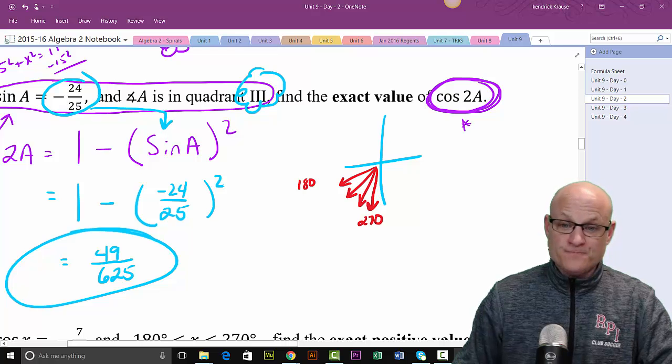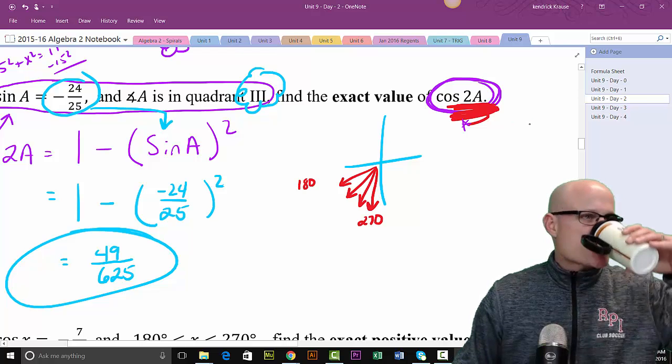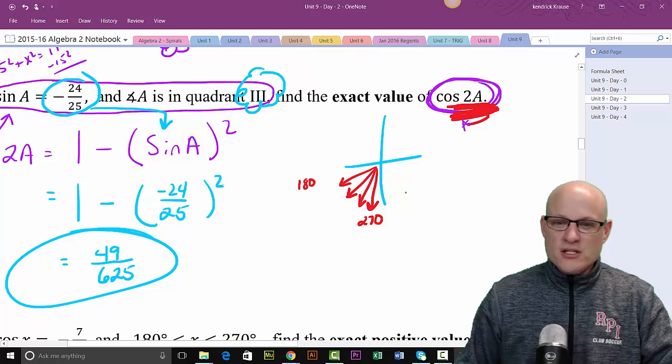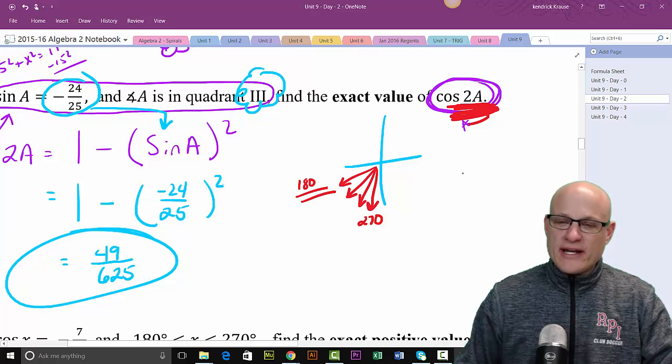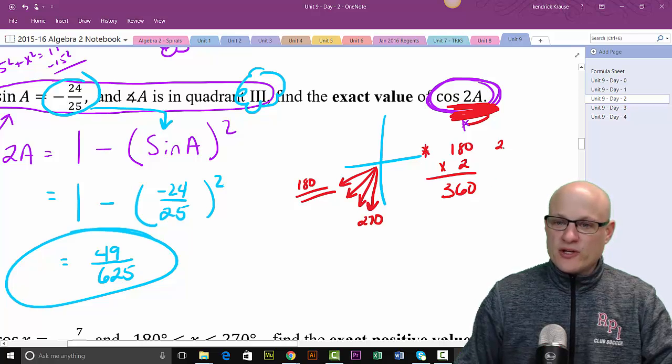But now I'm doubling it. So if you double 180, I get 360. That's right here. And if you double 270, I get 540.